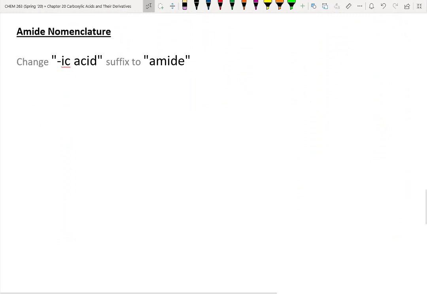And amides are, in my opinion, easier. Again, all we're going to do is drop the ic acid suffix and change it to an amide. So let's go ahead and take a look at a simple example. Just like we saw before, this would be acetic acid.